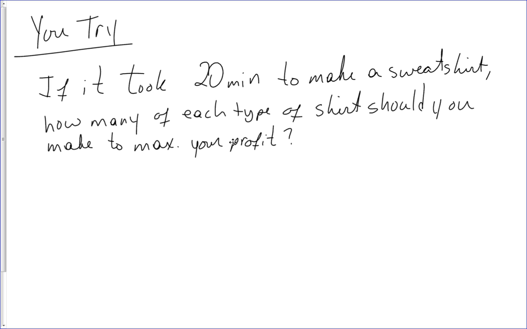It uses the same problem as before, but you have to change one equation. I want to see if you can figure out which equation you're going to have to change, and then figure out the new max profit.